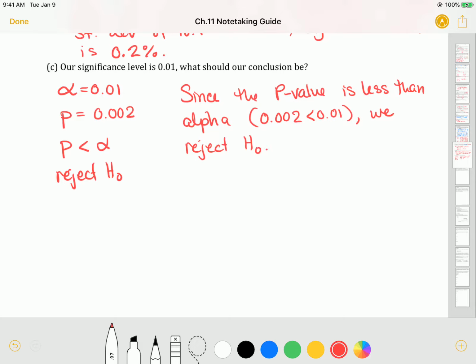Okay? And what this means, since our p-value is so small, this is good evidence. So we have convincing evidence that the alternative is true.